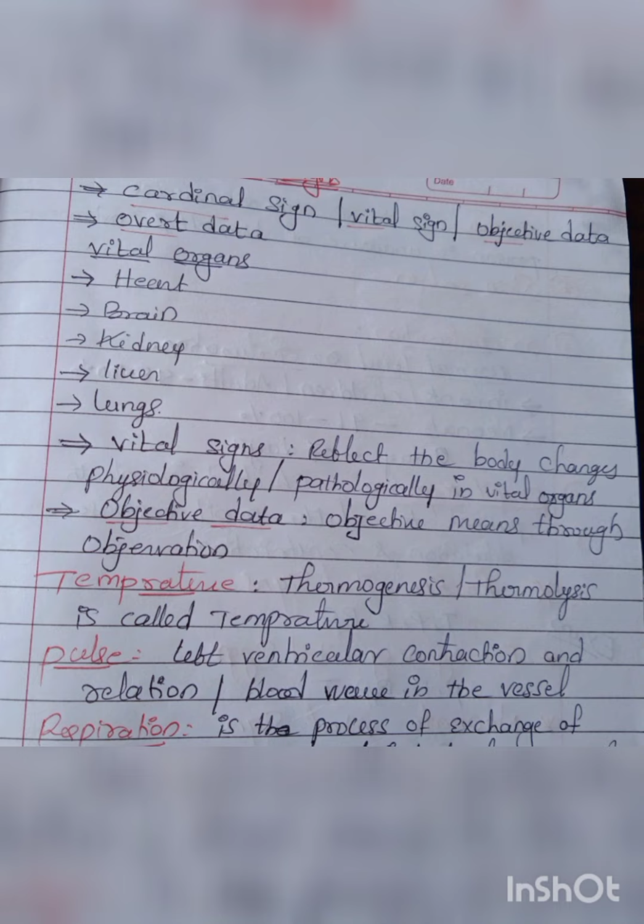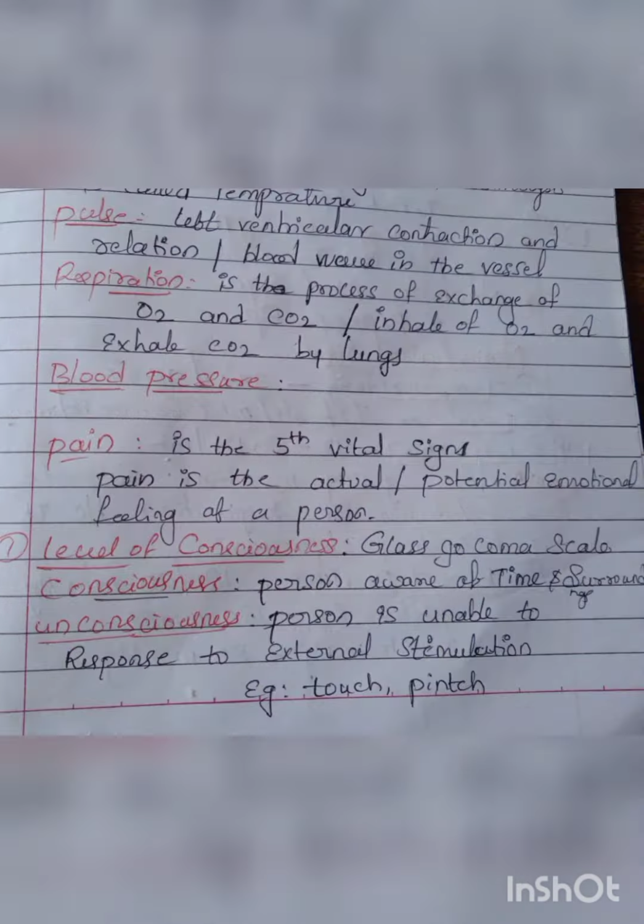And respiration is the process of exchange of gases. What gases? Carbon dioxide and oxygen. The exchange of these two gases is called respiration, or in a simple manner, inhalation of oxygen and exhalation of carbon dioxide.